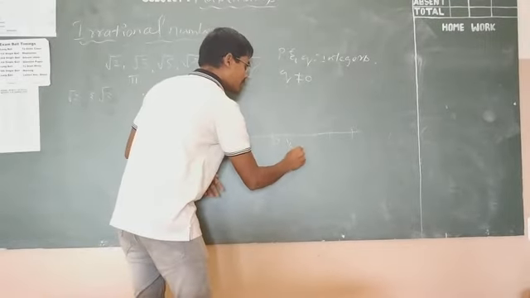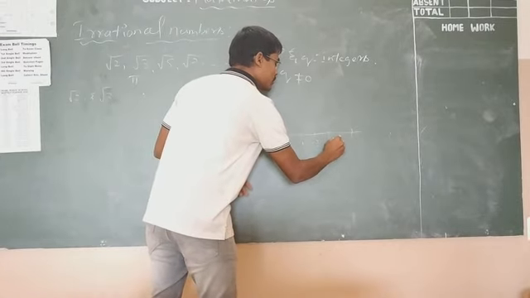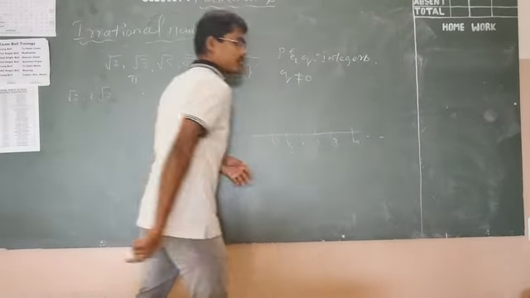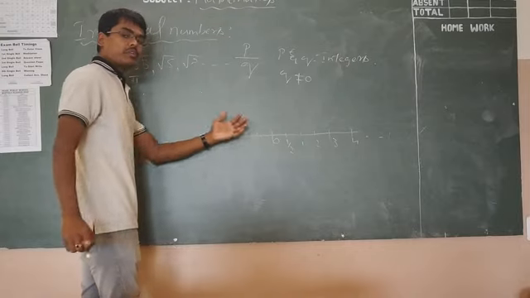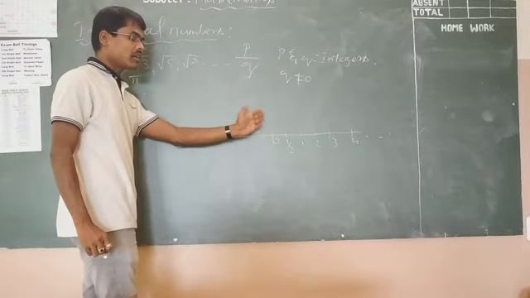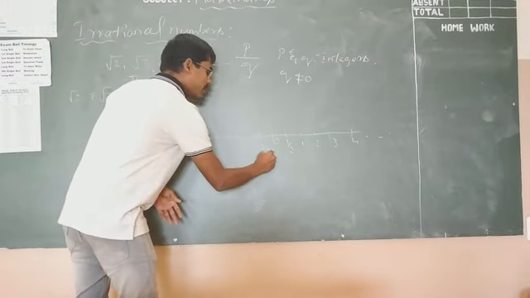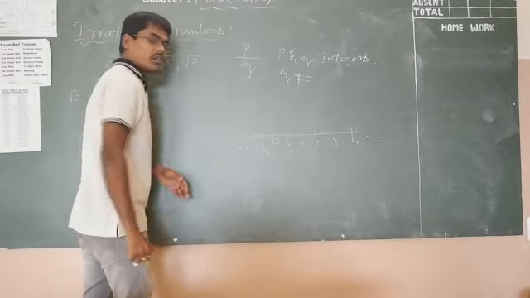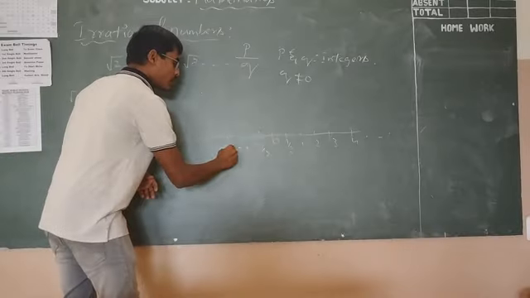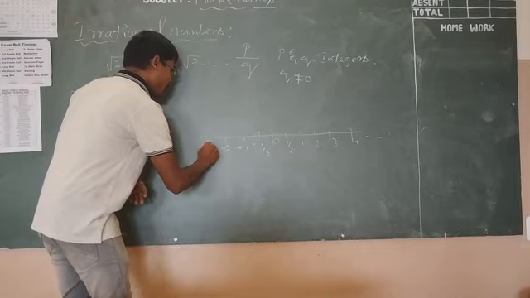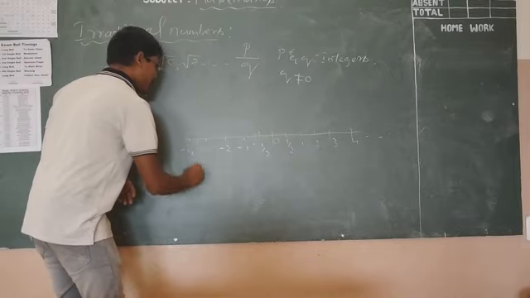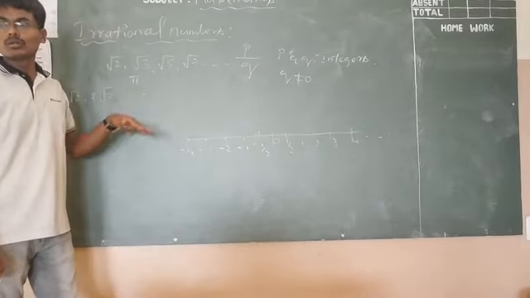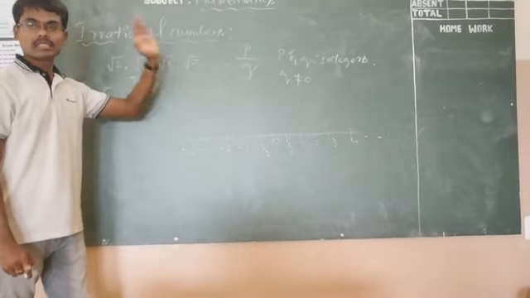I am going to draw like this: half, 1, 2, 3, 4, and so on. Then when we come to the left side of that origin point, that becomes negative. You are going to mark like this: minus 1, minus half, minus 2, minus 5, minus 10. Like that we are going to mark the points over this line.